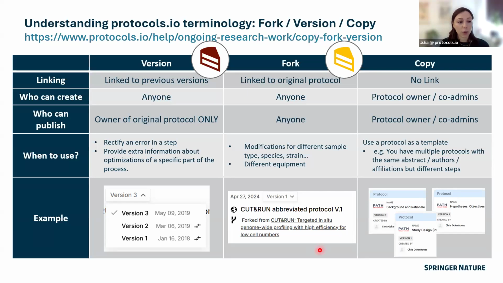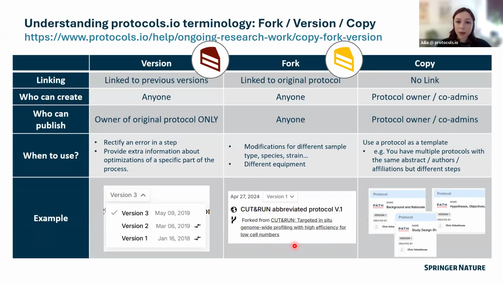But if they do that, clearly at the top, it says where that protocol has been forked from. So if someone adapts your protocol, credit will still be maintained back to you as the original developer of the protocol that they adapted.